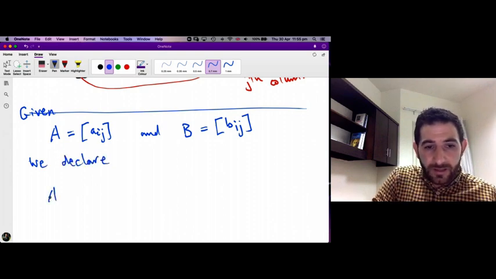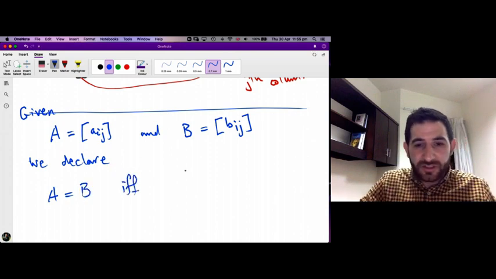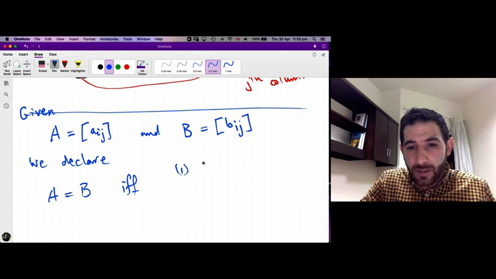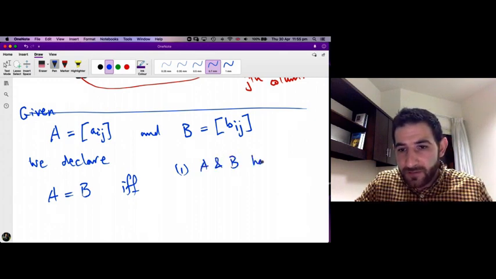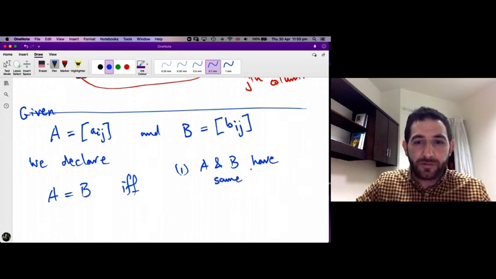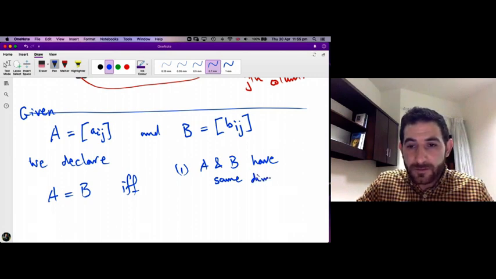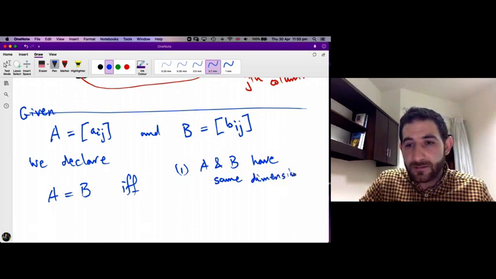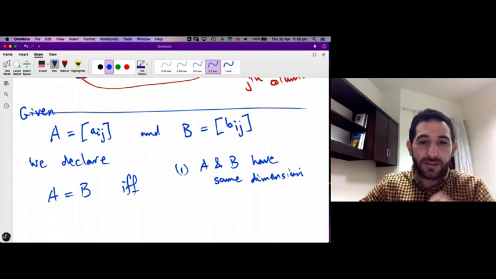if and only if two conditions are satisfied. One, A and B have the same dimension, and by same dimension we mean they have the same number of rows and the same number of columns. And second, the corresponding entries are equal.